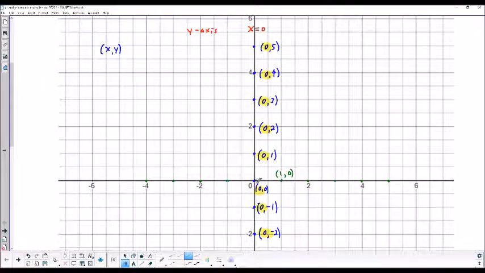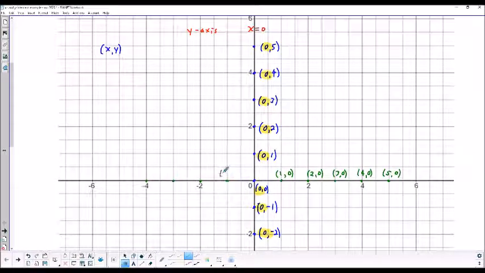Then 2 units in the x direction but 0 in the y gives the ordered pair 2, 0. Then 3 units in the x and 0 in the y, and so on. All these ordered pairs increase in the x coordinate, but the y coordinate stays constant.